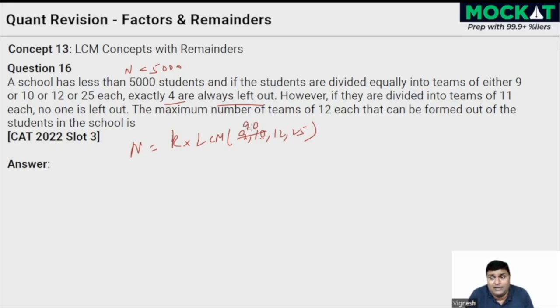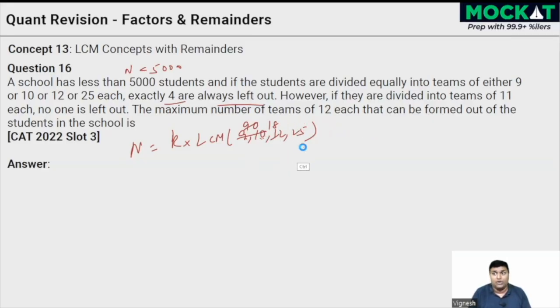Now, 90 and 12, what's common between them? 6 is the HCF, 2 is left over, so you can make that a 180. What is common between them? 5 is common. Another 5 is over here. That's it, and you get 900, and 900 becomes the LCM of 9, 10, 12, and 25.